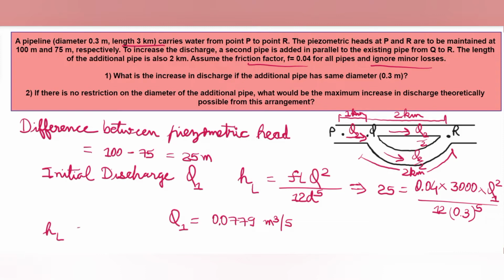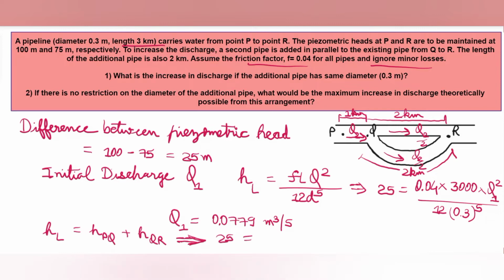Now we'll use the equation for head loss due to friction. HL is equal to HPQ plus HQR, because in both of the pipes we'll be having head loss due to friction.